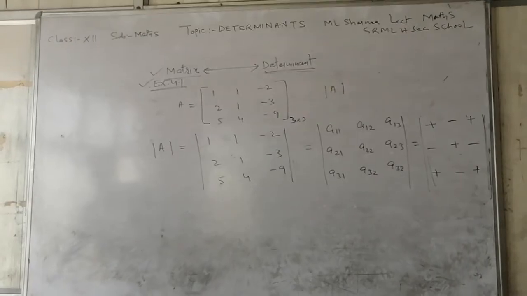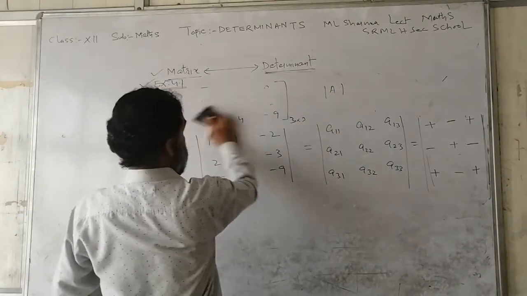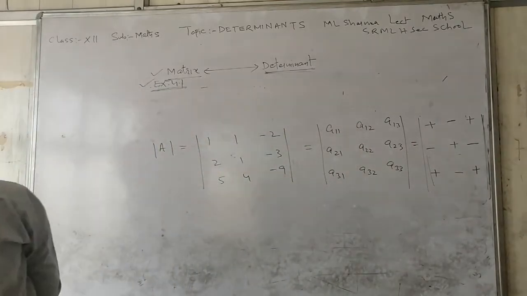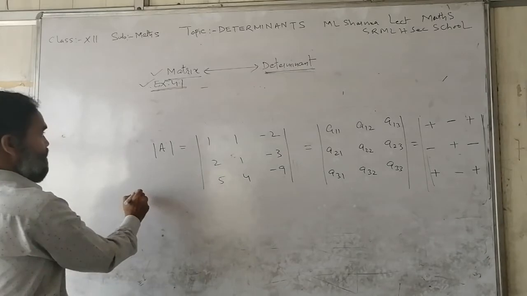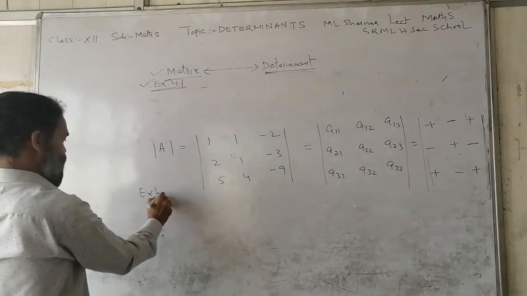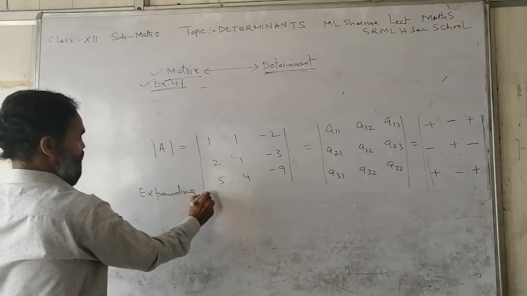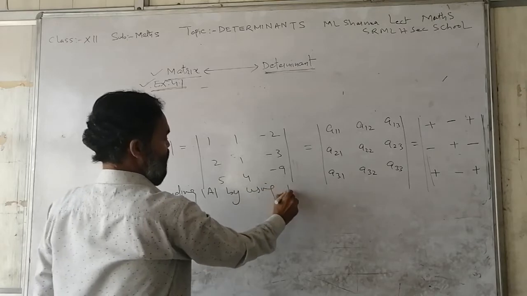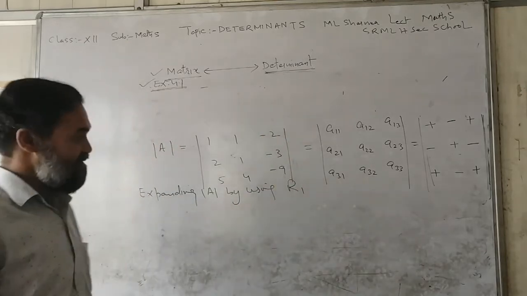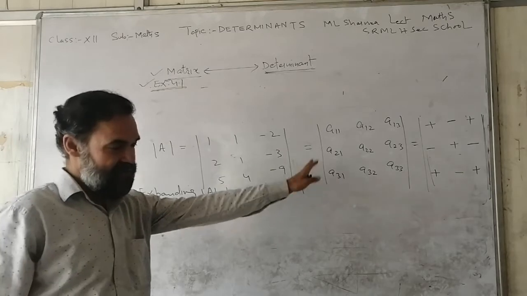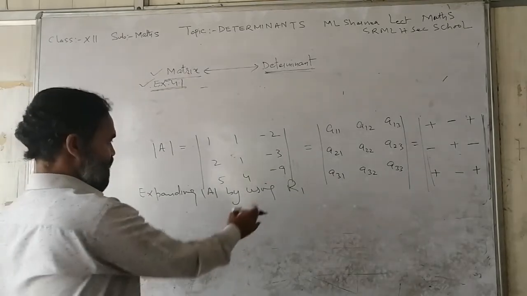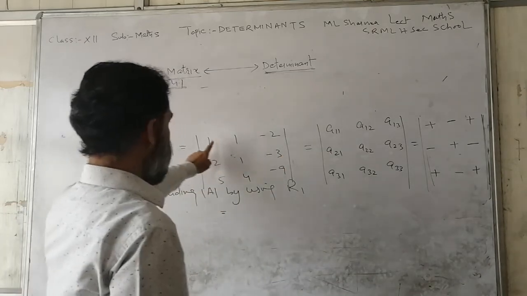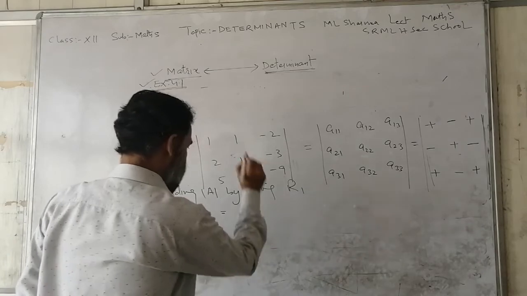So how will I expand this? Expanding determinant A by using R1. In most of the cases, we expand a determinant by making use of R1. So for this, I can write it as, the first element is 1. I will write 1 here.